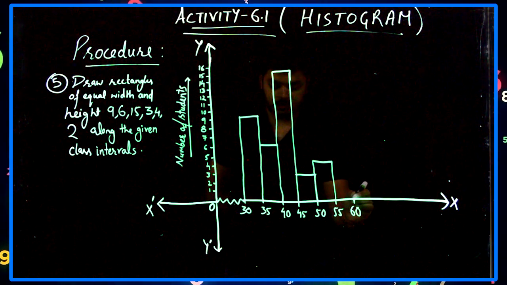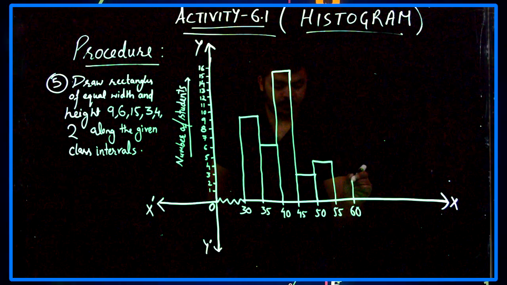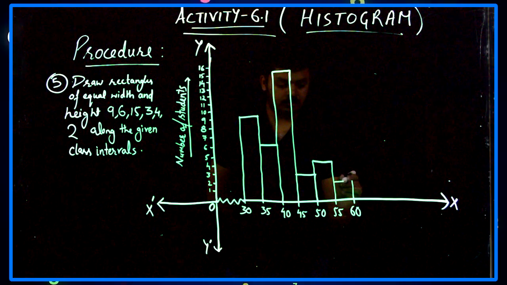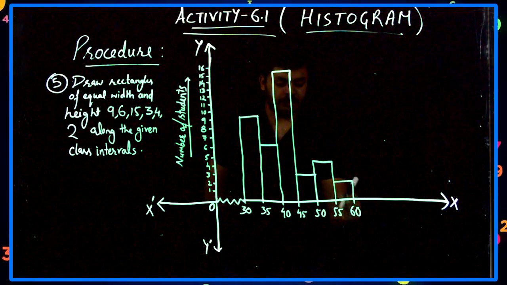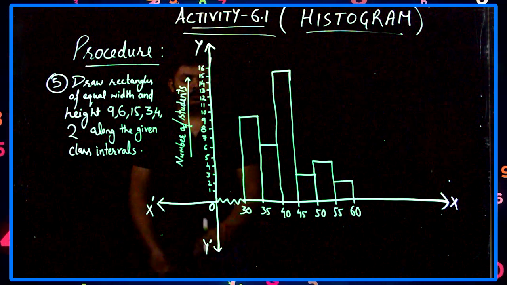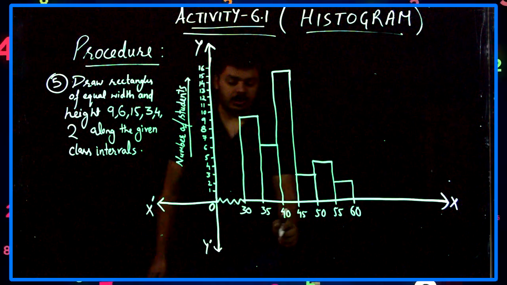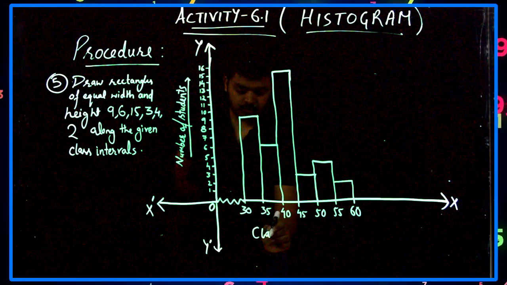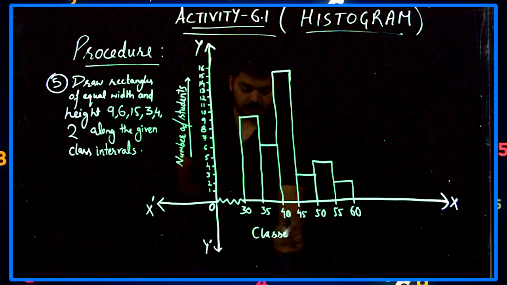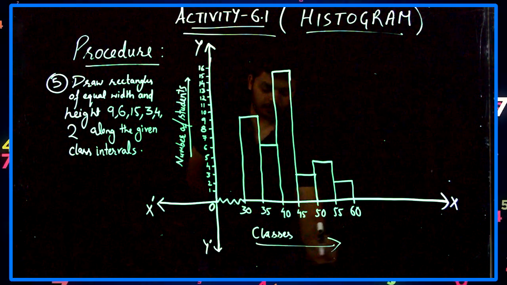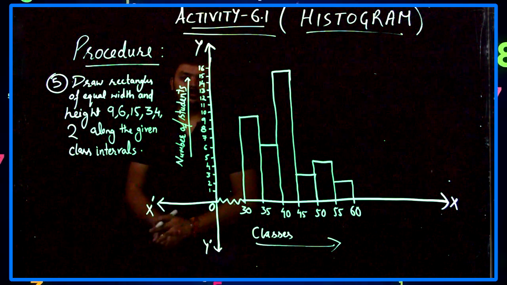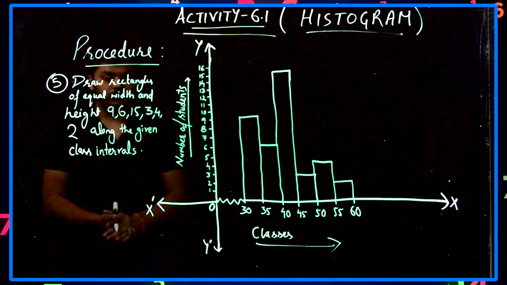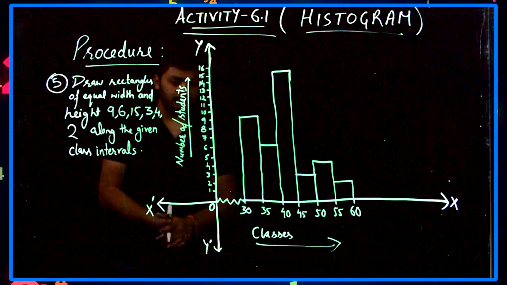So mark 2 and join 55 and 60. In this way, we have formed our histogram, and here are the classes. I hope you have understood how we have formed our histogram.